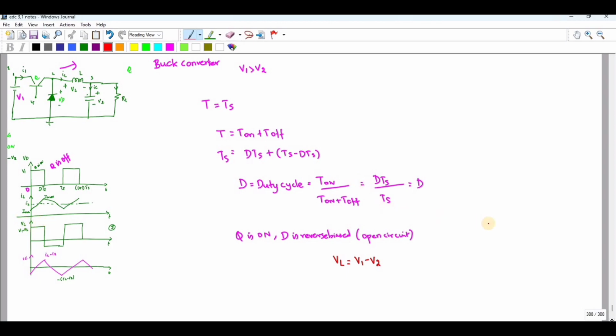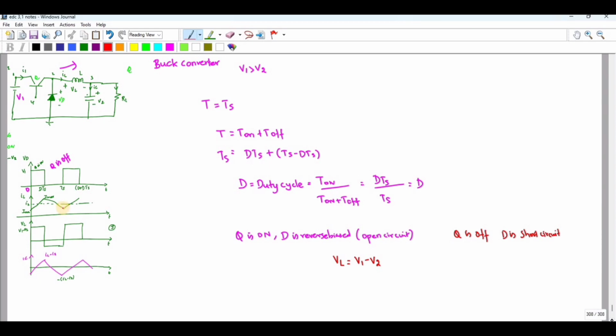What happens when Q is off? When Q is off, the diode is short circuited. Therefore the current across the inductance starts to decrease.